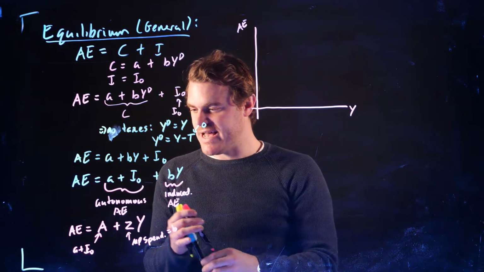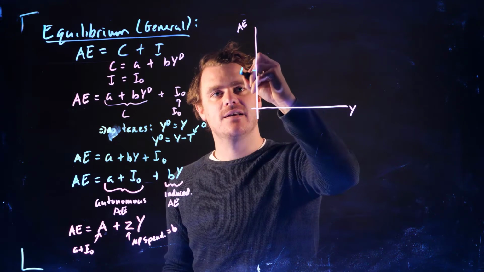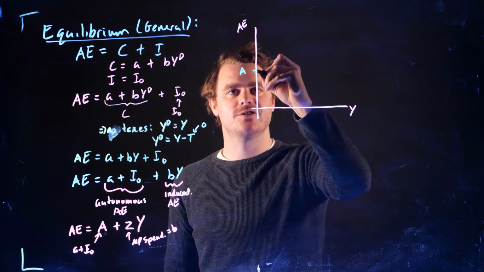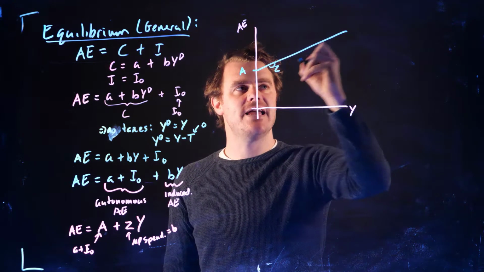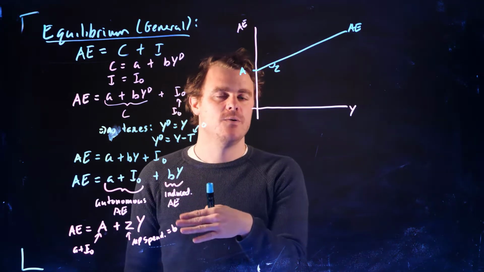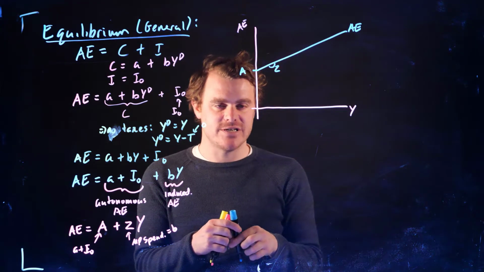Well, the intercept of our aggregate expenditure function, or capital A, is the amount of autonomous aggregate expenditure, so it's the intercept of our AE. And the slope of this AE function is Z, which again is just b right now, but it's going to change going forward. So it's useful to get used to this language now.